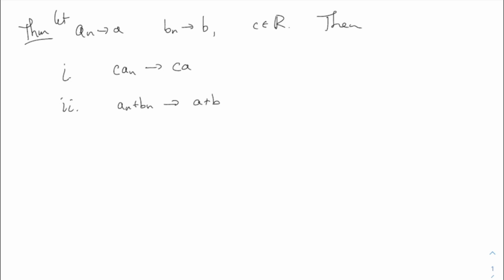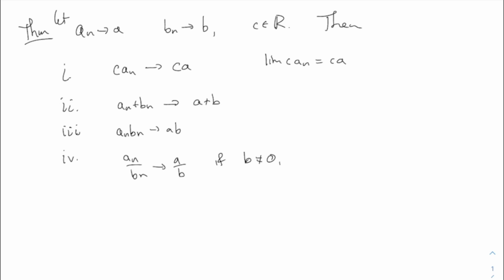Last time I believe I wrote this one as lim c·a_n equals c·a, right? But you can write it with the arrow, doesn't matter. And then the third one was the product, a_n times b_n converges to a times b. The fourth one is quotient: a_n divided by b_n converges to a divided by b, if b is not 0.